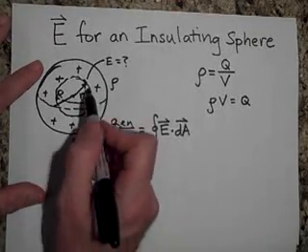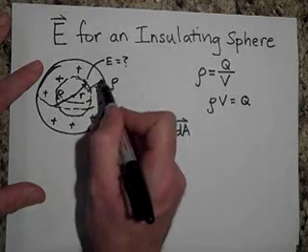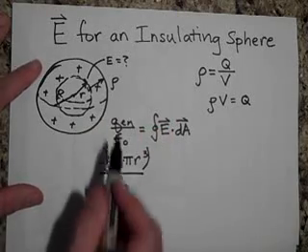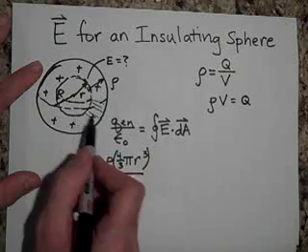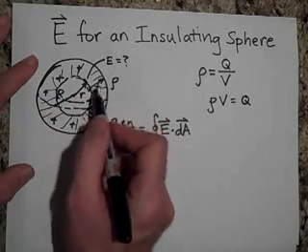Now, if you're here, the dA for this thing points this way, and so does the electric field. The electric field points straight out. All this charge negates itself.